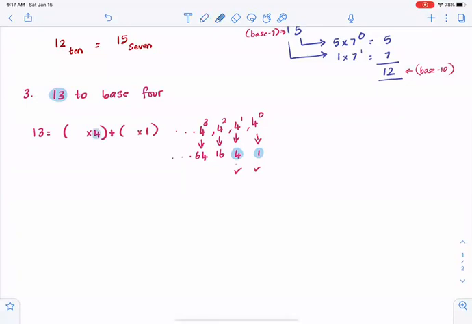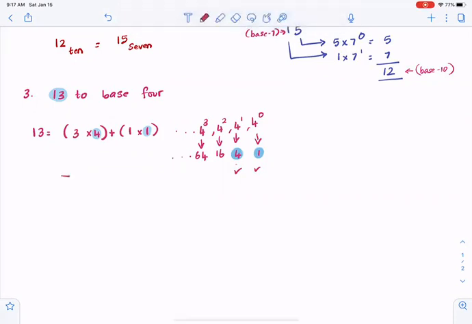So the 4 and 1 here comes from the 4 and 1 there. What should we multiply by 4 to get 13? Or get a number less than 13, it has to be 12. If I account for 12, I'm left with 1. So I'm going to put 1.